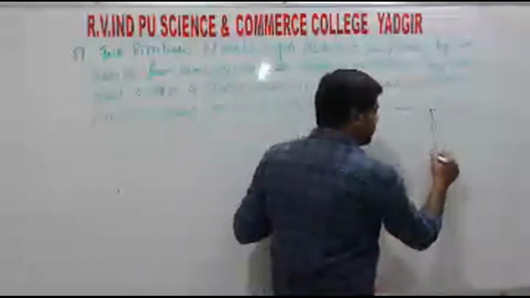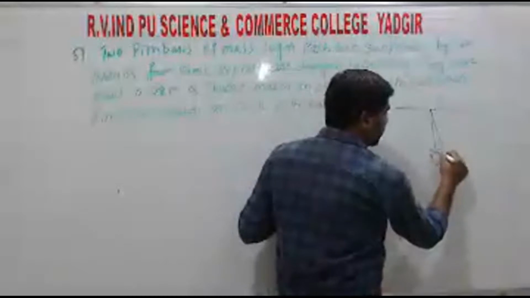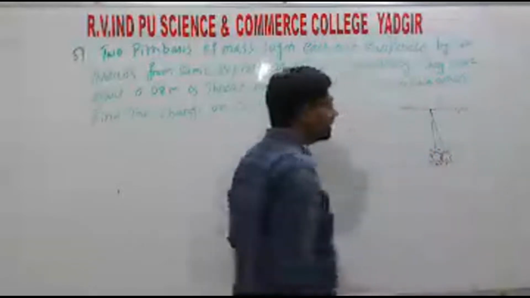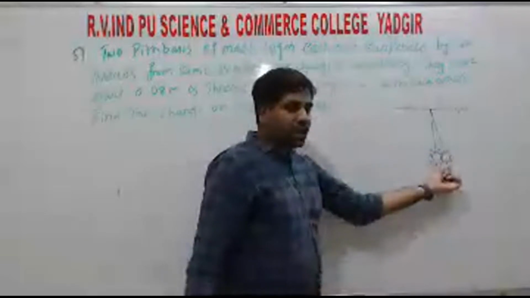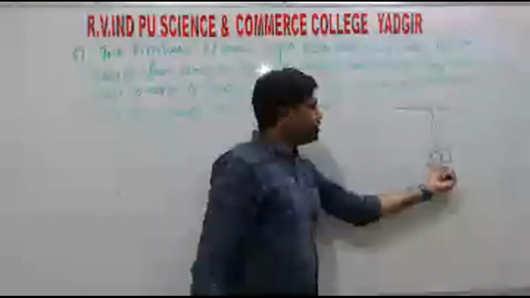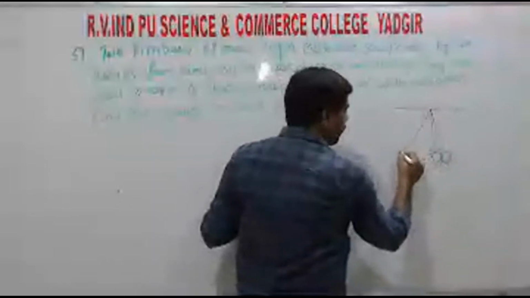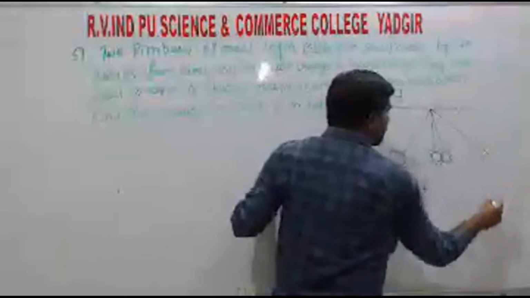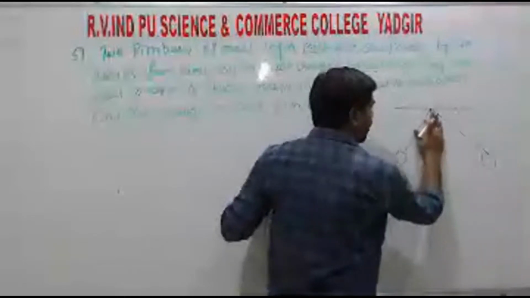That means these two are both positively charged or both negatively charged. Because of these like charges, they repel each other, forming an angle of 60 degree with each other. That means they move away.